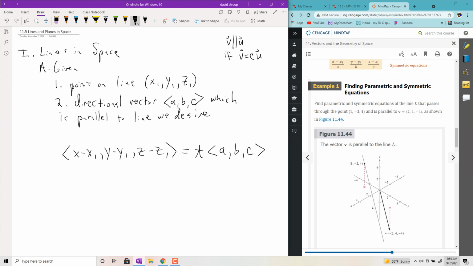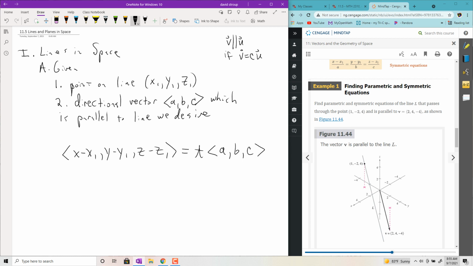So this vector that we've created is just a generic point such that when you make the vector with the given point on the line, it will be parallel to this other vector. Okay. So anyways, from here we can get the parametric equations and the symmetric equations just by equating components.